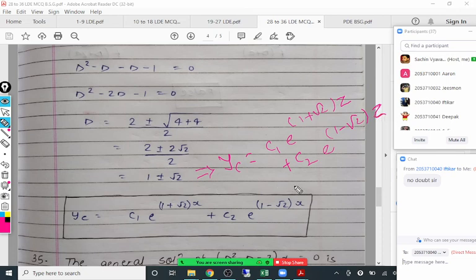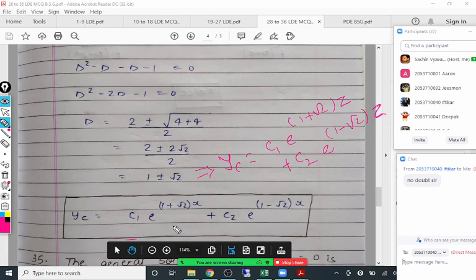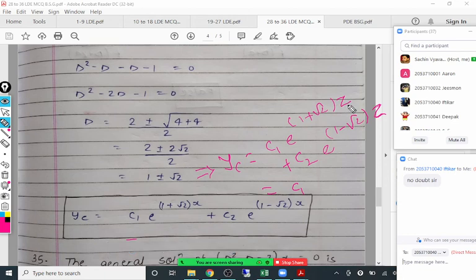If z is log x, the final answer should be C1 x raised to 1 plus root 2 plus C2 x raised to 1 minus root 2. That should be the correct answer. I hope you are getting what I am saying.